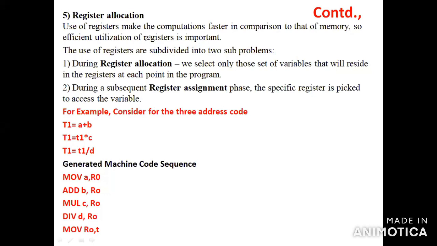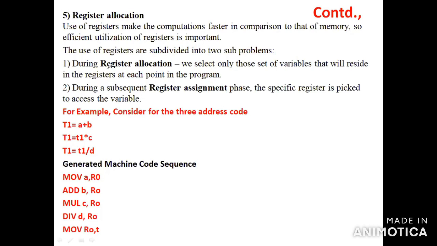So while generating a good code generator, you have to efficiently utilize the registers for the given register allocation statements. While generating good, efficient code, utilization of registers is the important factor.